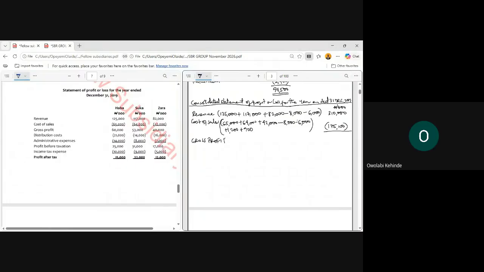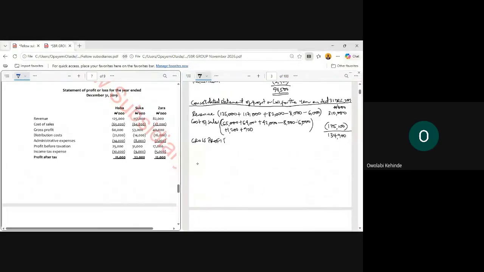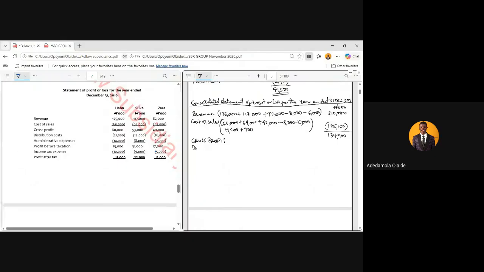Oh, that's fine. Okay, so that means gross profit will be 134,900. Abi? 135. Yes. So we can then move to distribution costs.